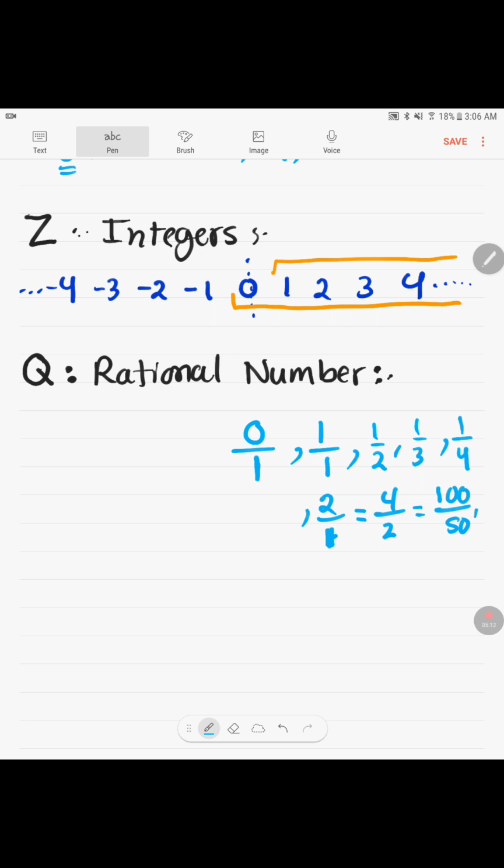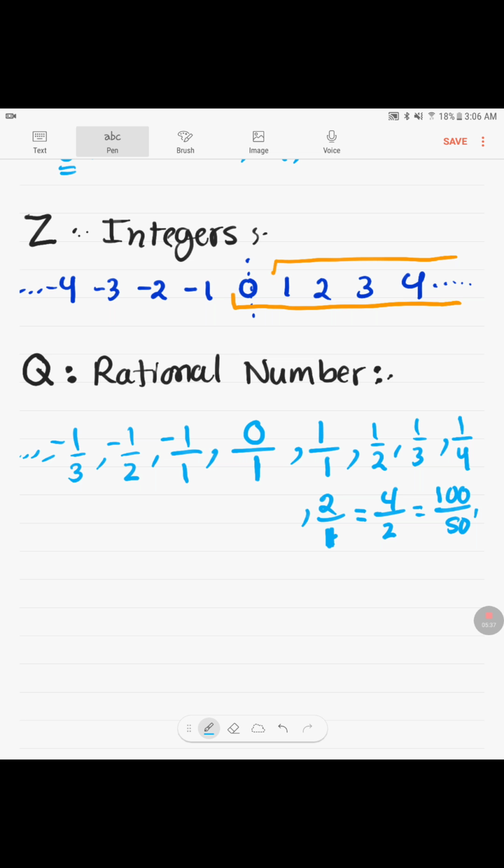So it includes all of those numbers as well as their images on the negative side, negative 1/2, negative 1/3, and so on to negative infinity. So any numbers that could be represented as a quotient of two integers are called rational numbers.